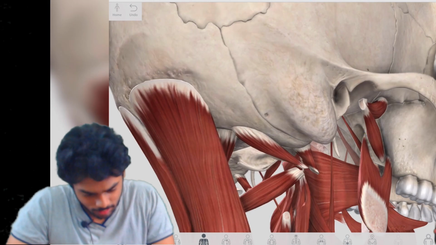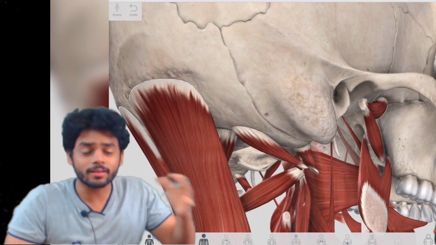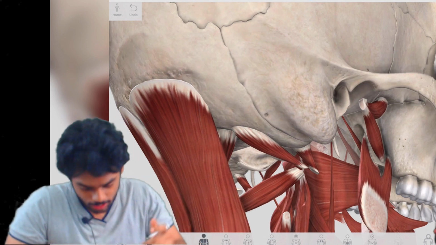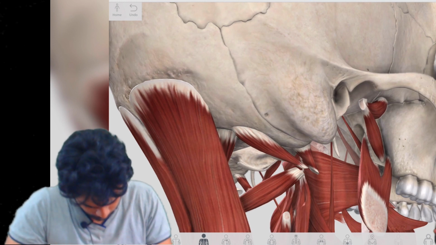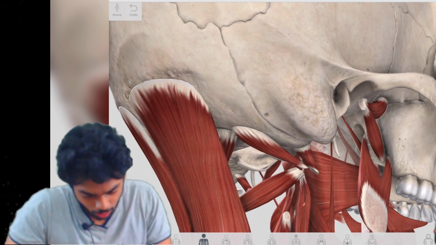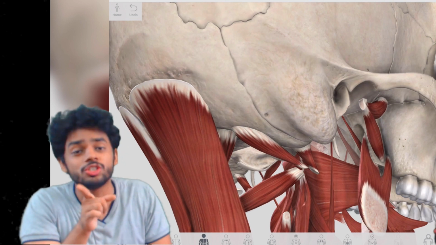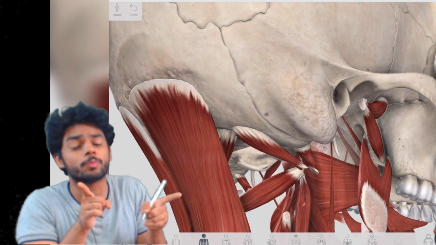Now we talked about the lateral pterygoid muscle. Now we will talk about the deep head of the medial pterygoid muscle. The medial pterygoid muscle has two heads: one is the deep head and one is the superficial head.